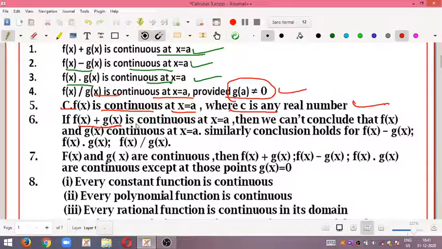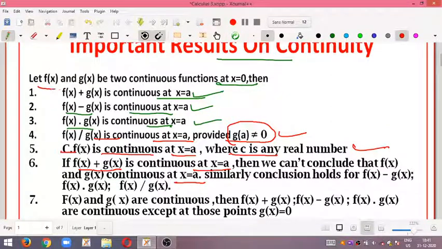Sixth point: if f of x plus g of x is continuous at a given point a, then we cannot conclude that f of x and g of x are continuous at x is equal to a. Previously I told you that if f of x and g of x are continuous functions, then the addition f of x plus g of x is continuous.